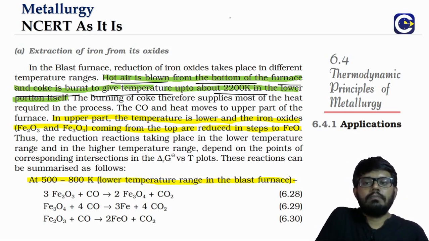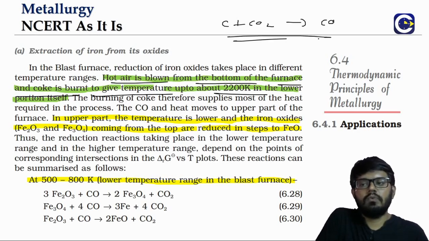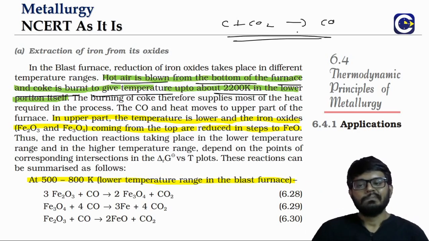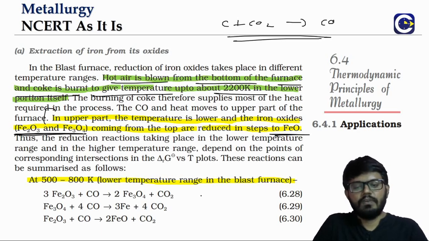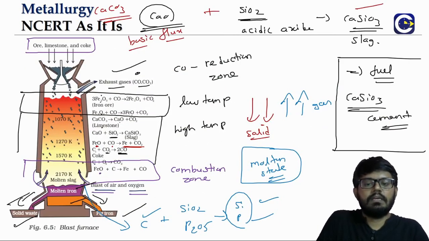There will be a reaction between coke particles and CO2 to give us what? CO. That is happening in the middle zone. And CO will come to the upper part, the low temperature. So in the low temperature, what is happening? The oxides of iron, Fe2O3 and Fe3O4, they are getting reduced to what? FeO. We have seen that.